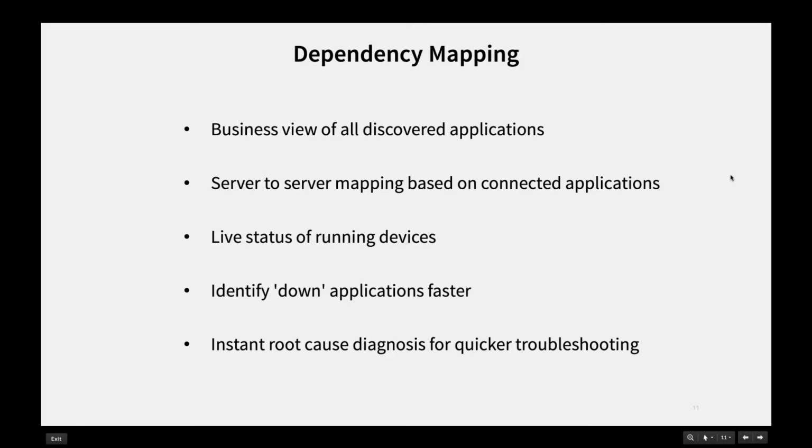So the dependency mapping is all of the things that are given in this particular slide. That is, it is a consolidated, holistic view of all the discovered applications within your Applications Manager console, or within a particular business service group that you would have created.